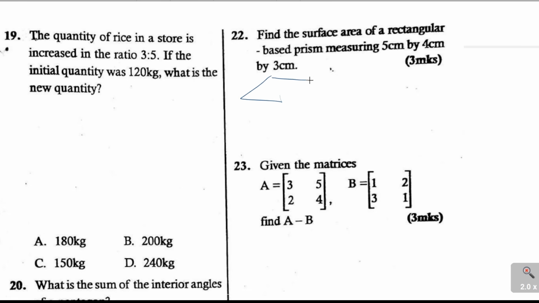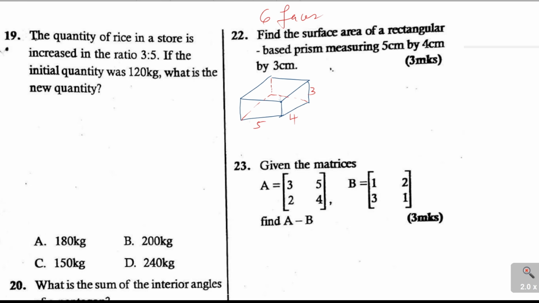Being a rectangular prism, it looks something like this, like a cuboid, and it measures 5 by 4 by 3. If I complete the hidden lines here so that you can see the surfaces that we need to get area, for that rectangular based prism, how many faces are there? We are going to get the area of 6 faces.